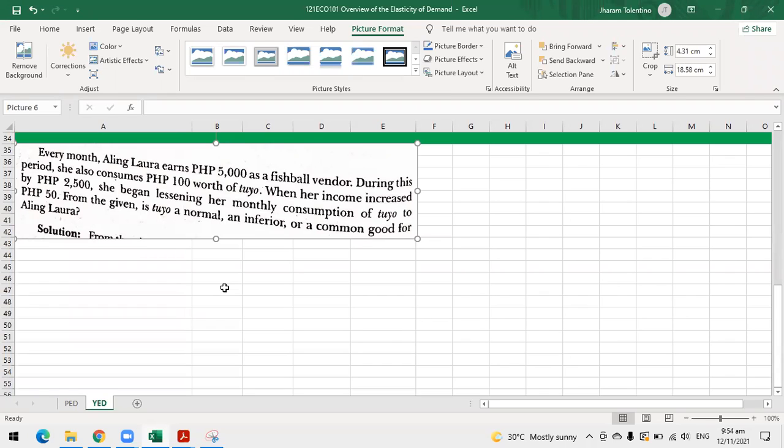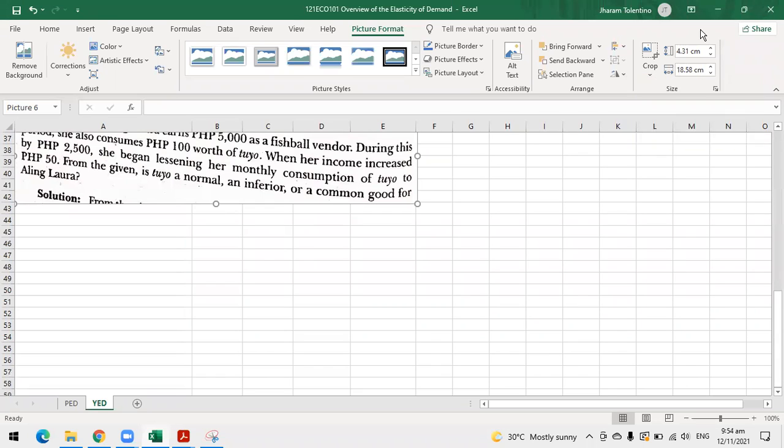Sino dito everyday kumakain ng tuyo? May I see raise of hands, o hindi ko pala makikita yung raise of hands natin. Heart na lang. Sino may heart ng tuyo? Wala. Wala may gusto ng tuyo sa inyo. Mga rich kiddo. Okay. So, dalawa.